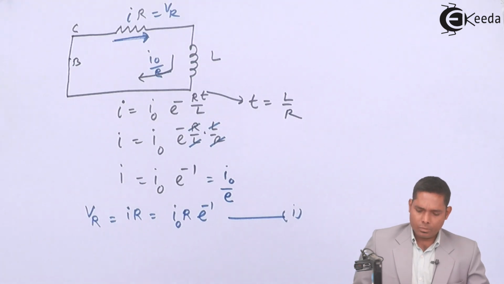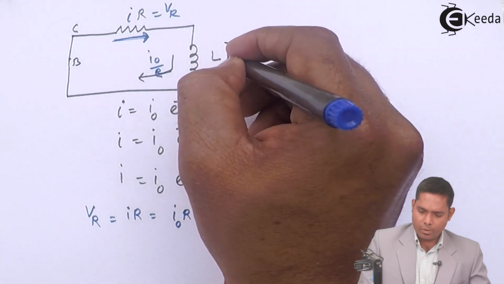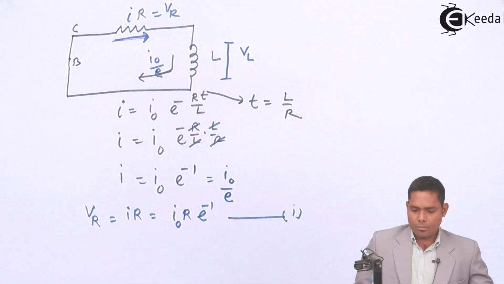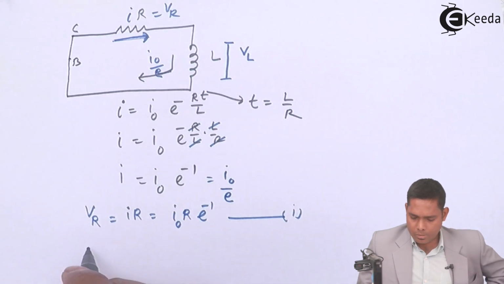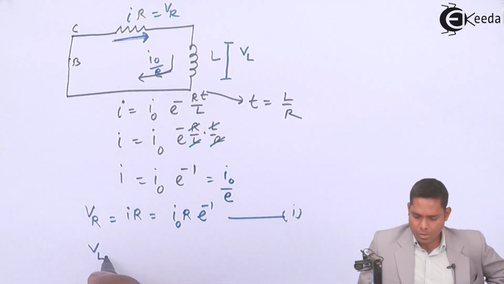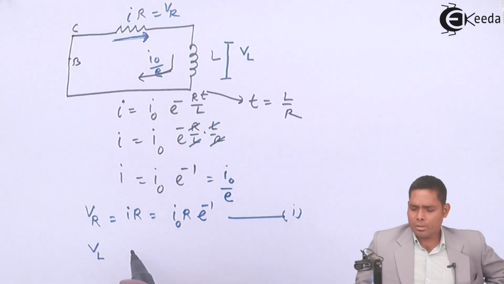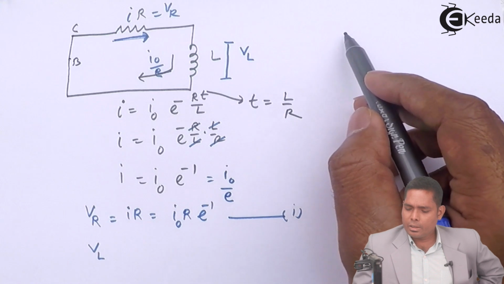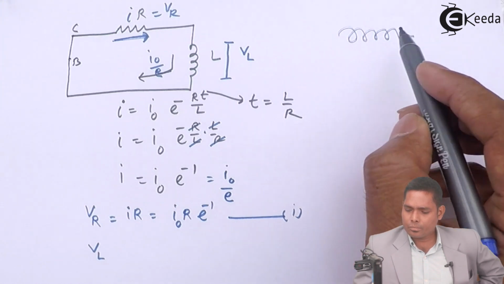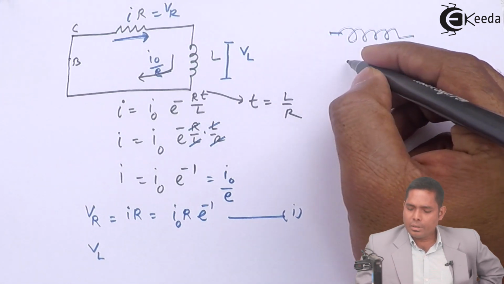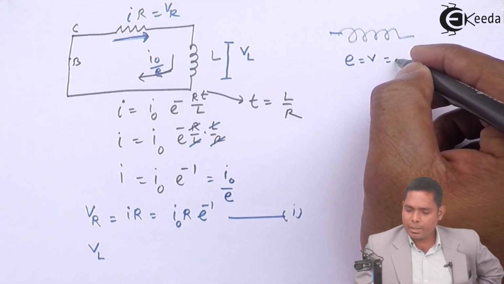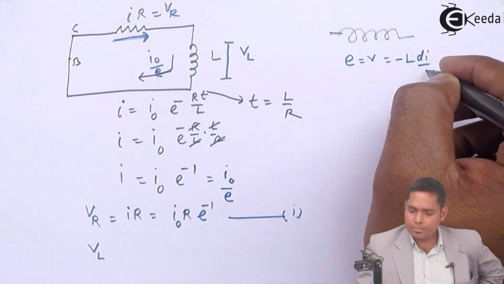Now, if I want to know the voltage drop across the inductor, so this is V across L, I have to use VL. But in an inductor, we know from Lenz's law that in case of a coil, the EMF induced or the voltage across the inductor equals minus L di over dt.